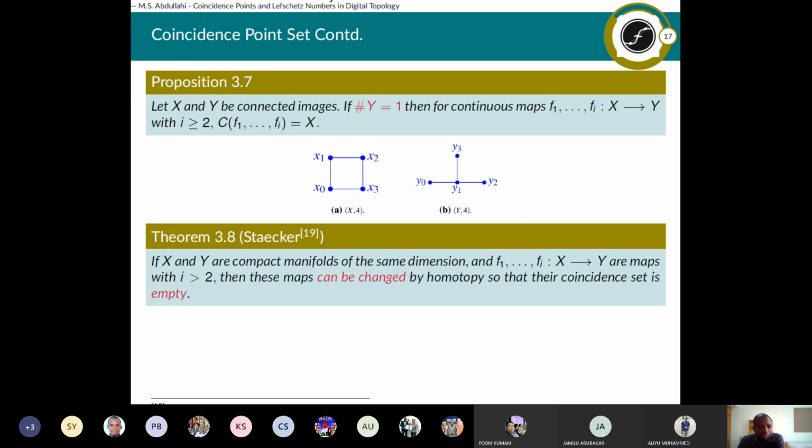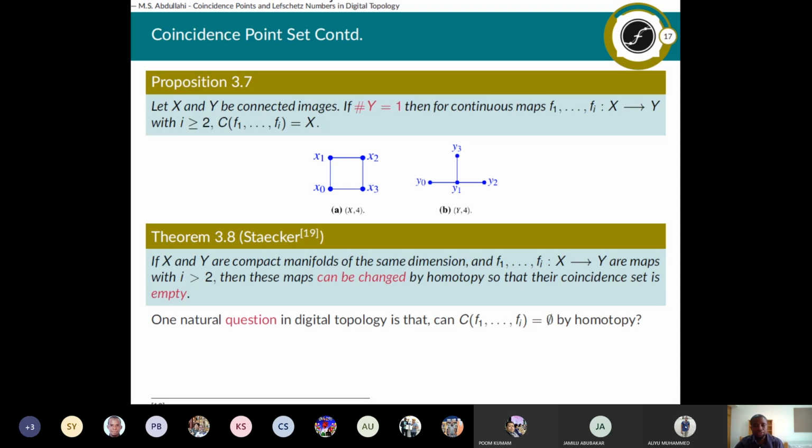One of them is a result by Stacker that says if X is a topological space and Y is a compact manifold of the same dimension, and we have mappings from X to Y, then these mappings can always be changed by a homotopy so that the coincidence of those mappings is empty.